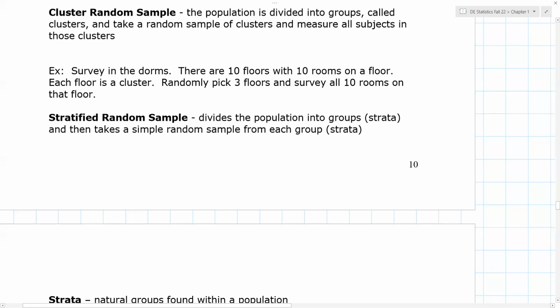If I did stratified sampling, after I've created my strata, I could make sure that I randomly select 25 freshmen, 25 sophomores, 25 juniors, 25 seniors, so that the percentage of strata is the same in the population and the sample. I make sure that those percentages are the same, so one group isn't overrepresented.